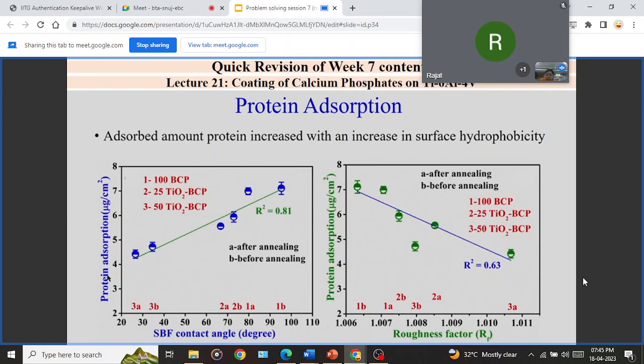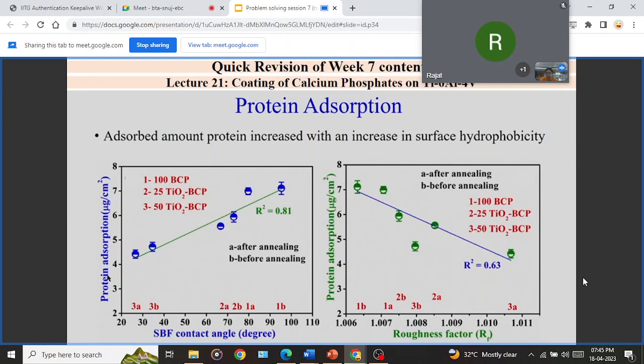Also, the contact angle is highest in case of the 100% BCP coated surface, whereas the roughness factor is highest in case of titanium oxide. So this does not favor the usual results in case of the roughness factor.